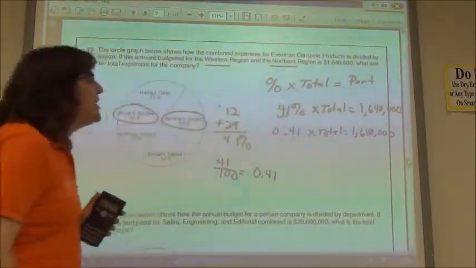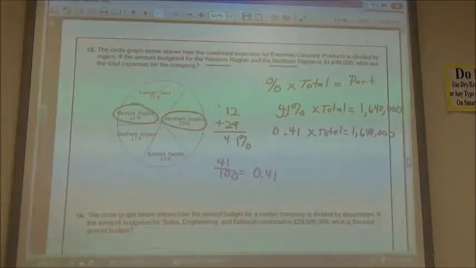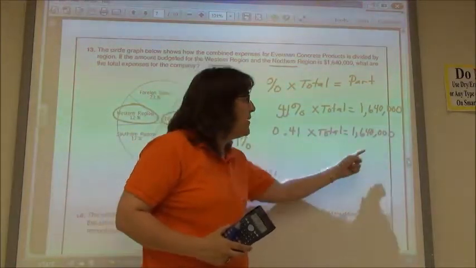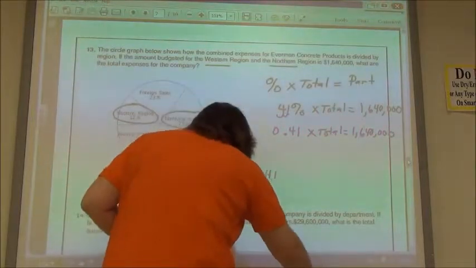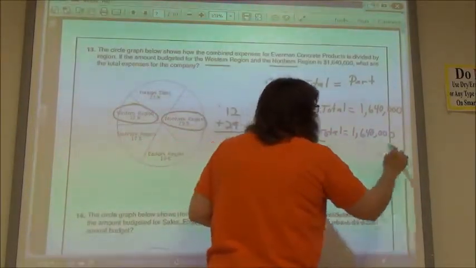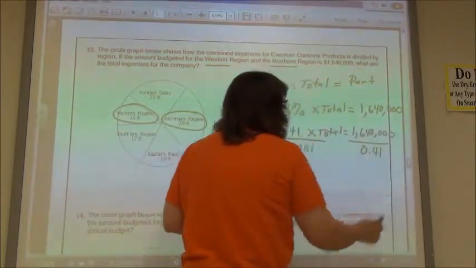Now we did that little section on algebra. In order to solve this for the total, we have to do the opposite of multiplying to move this to the other side. So what we're doing is we're dividing by that 0.41.